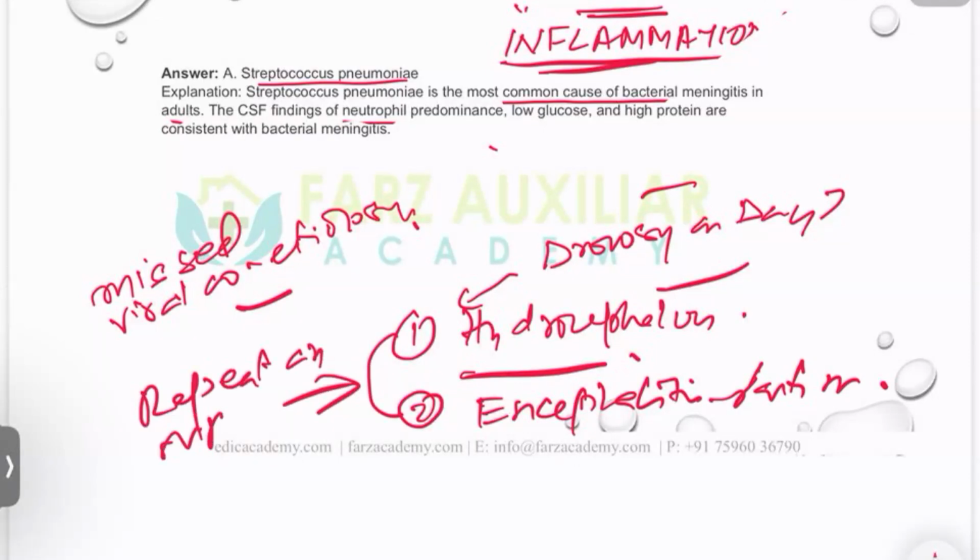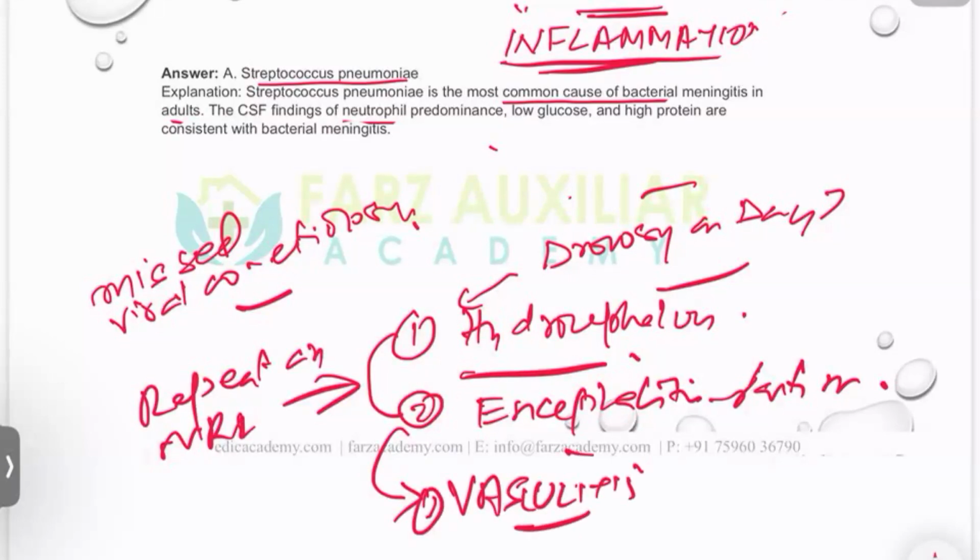And in case of tuberculosis, tubercular meningitis is also a type of pyogenic meningitis only. The patient may have cerebral vasculitis despite steroids. Sometimes the steroid dose required in tuberculosis could be as high as 16 milligrams 3 times a day, just to suppress the vasculitis.